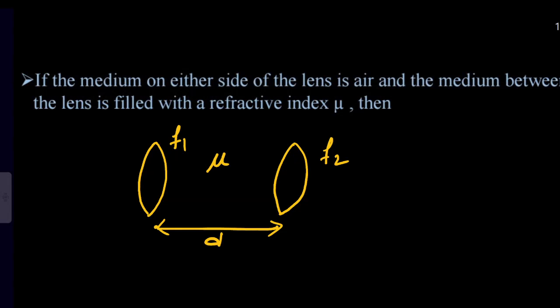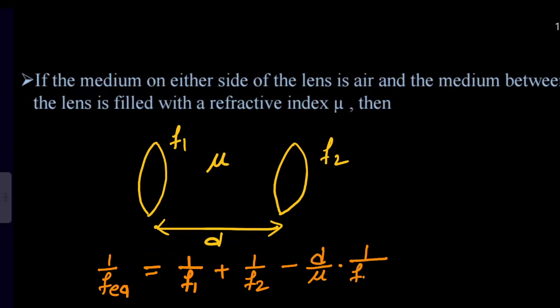In those cases the equivalent focal length becomes 1 by f equivalent equal to 1 by f1 plus 1 by f2 minus d by mu into 1 by f1 into f2. Earlier it was simply d by f1 f2, now d by mu will come if some medium is placed between them.